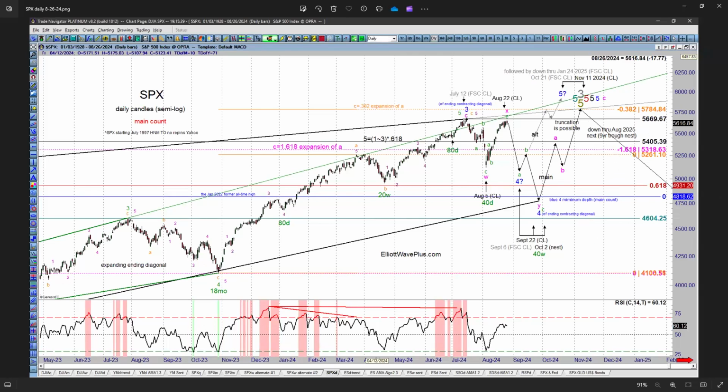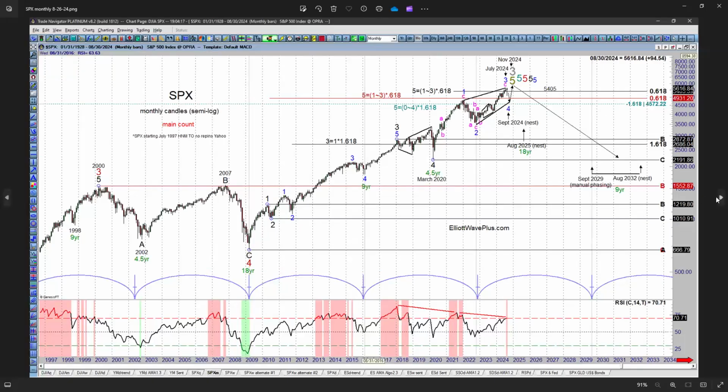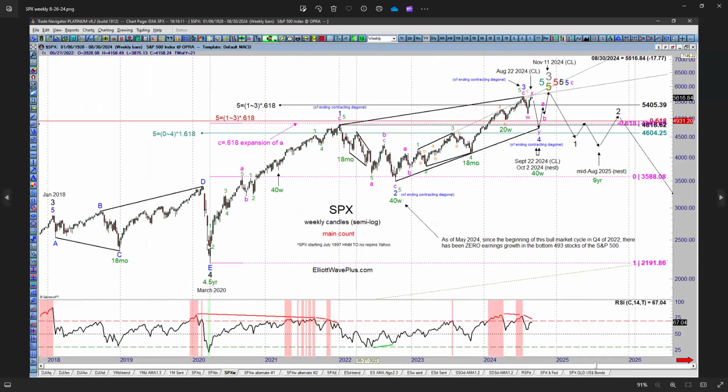Here's another, I think, very important thing to consider as we step back to a monthly chart. Now let's look at the weekly. After we see a grand supercycle wave 3 peak, the next thing we would expect would be a grand supercycle wave 4.